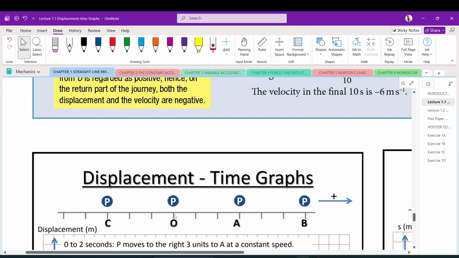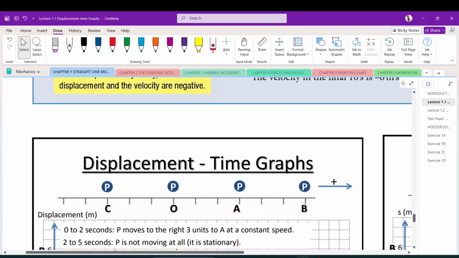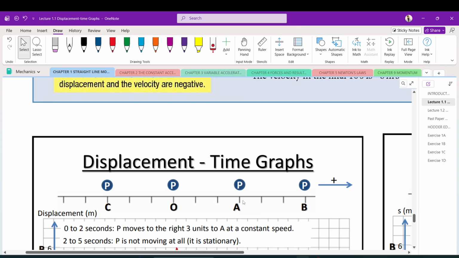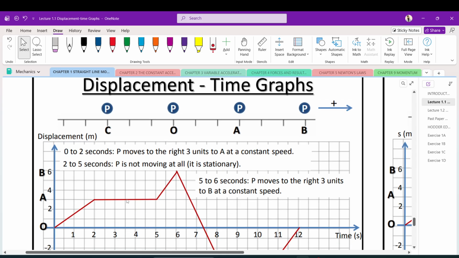So it is moving from 0 to A, which is 3 units, at constant speed. Then 2 to 5 seconds, P is not moving at all. That means that it is stationary.